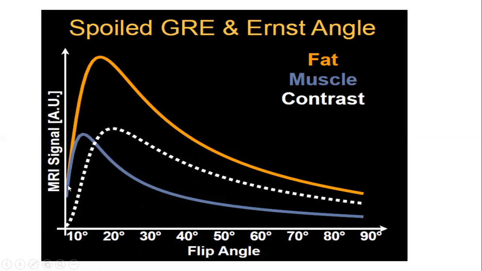At this point, they are about 0, no difference. So if we take a flip angle of less than 10 degrees, we are not going to have any contrast. The contrast will automatically be 0.